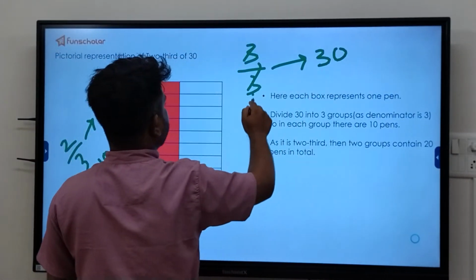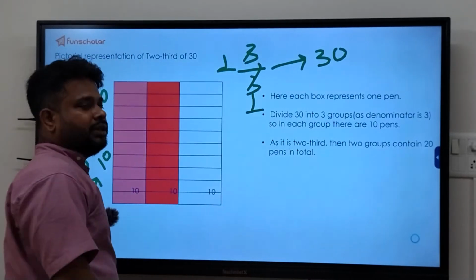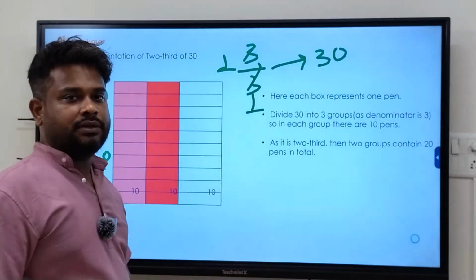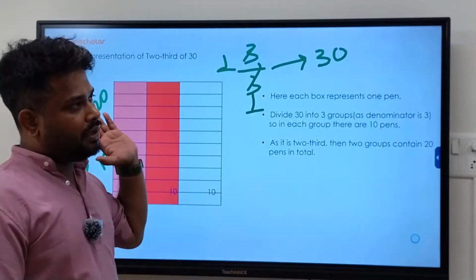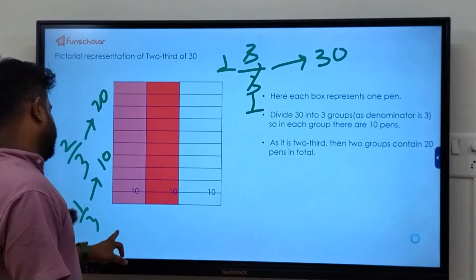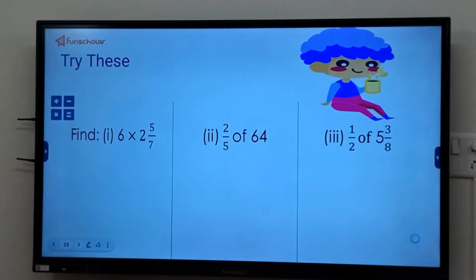That means 3/3, which is 1, is the total, and 1 represents the total 30 pens. And yes, it will be beneficial for us for the upcoming slides also. These are just simple examples which you can try.